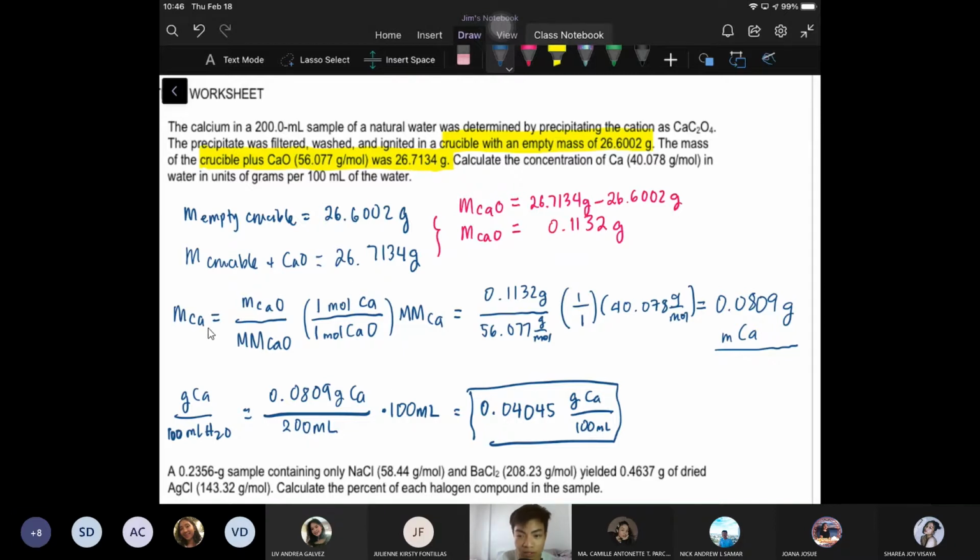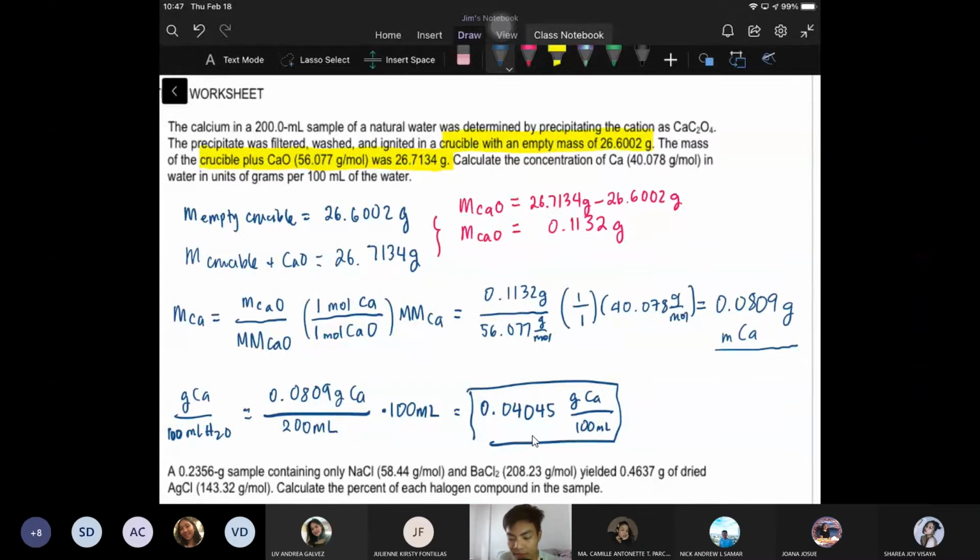So the calcium oxide, we convert to calcium. And then the problem says concentration is being asked. So we divided the mass of calcium by the volume of the solution to get the grams per mL. Then since the question wants 100 mL, we just multiplied by 100.